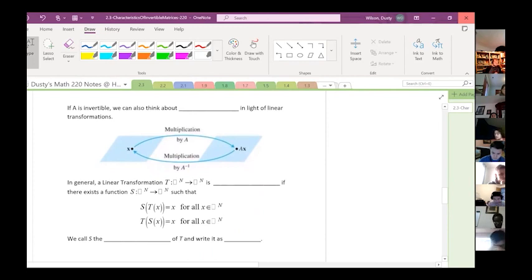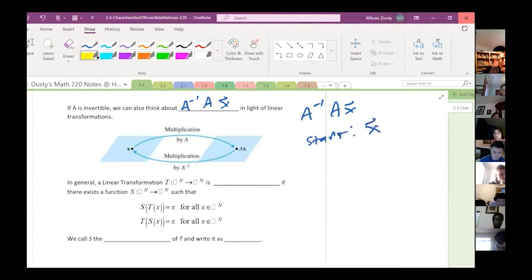So if A is invertible, we can also think about the idea of invertible matrices, or specifically A inverse AX, in light of linear transformations. And so what A inverse times AX represents is it's saying you start at X right here. And then next you're going to find AX.